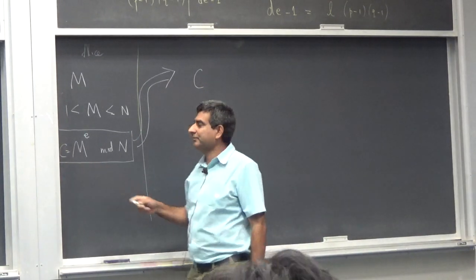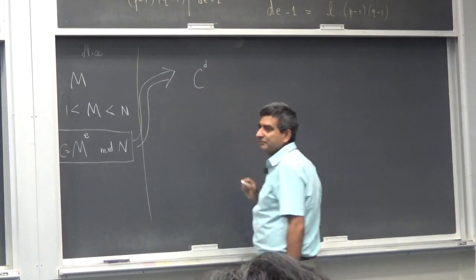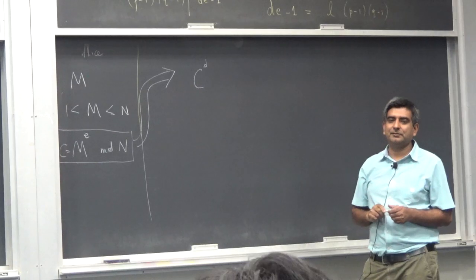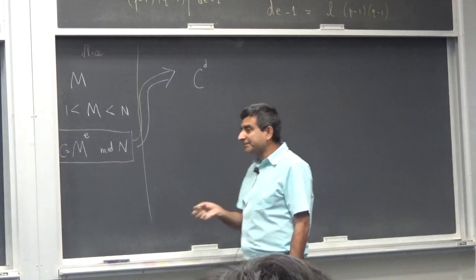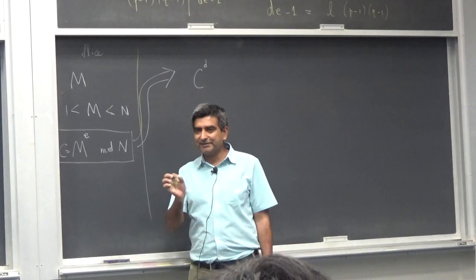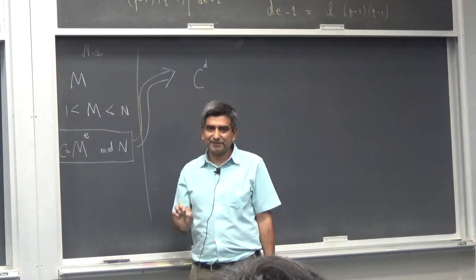So he takes this C and exponentiates this with respect to d. d is only known to Bob. So Bob possesses that private key. d is a kind of private decryption key, which only he possesses.